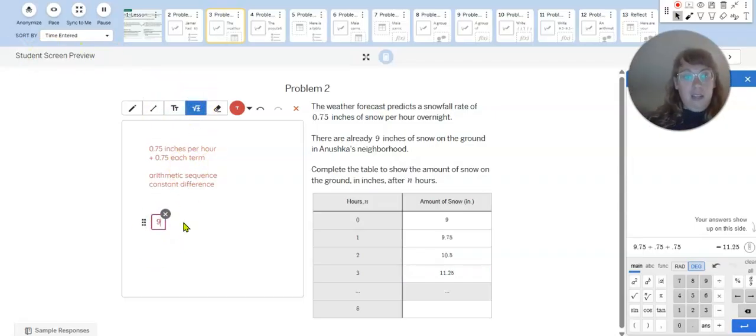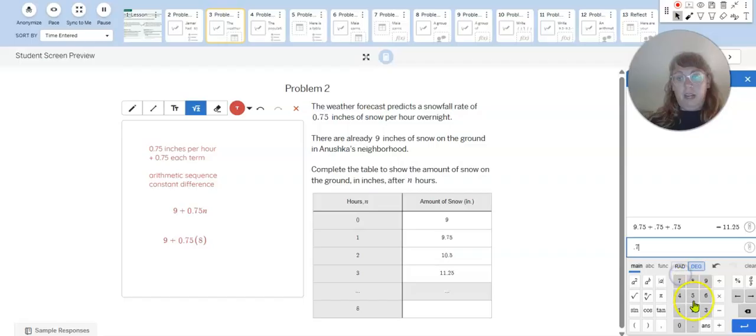So we had 9, and then we are going to add 0.75 times n. So now if we want to find the 8th hour, we're doing 9 plus 0.75 times 8.